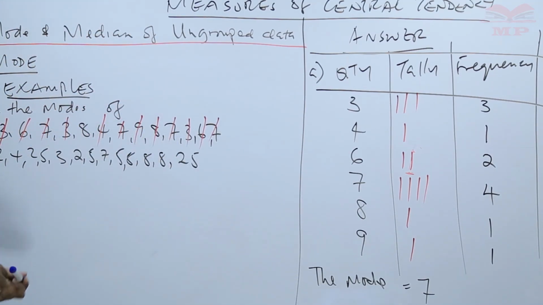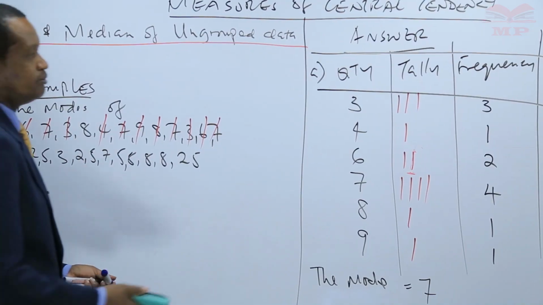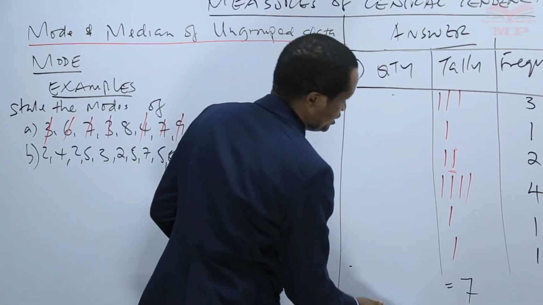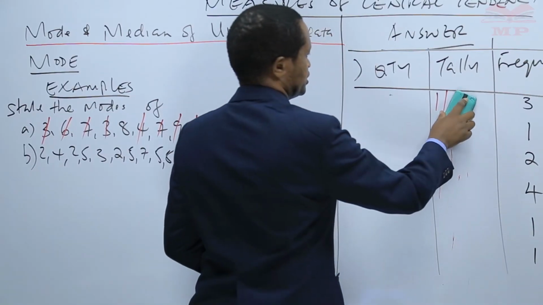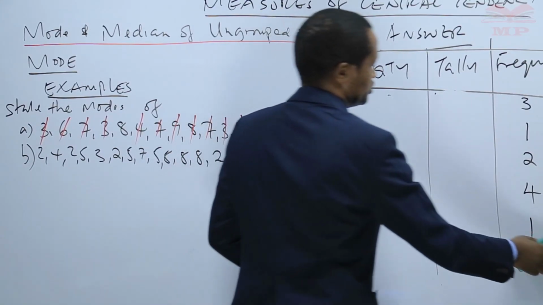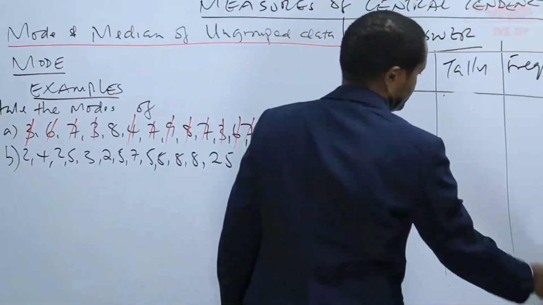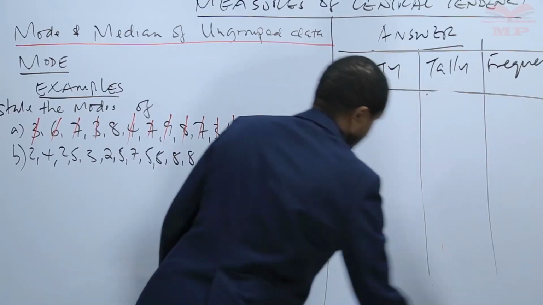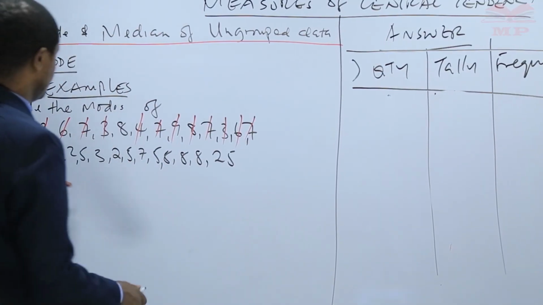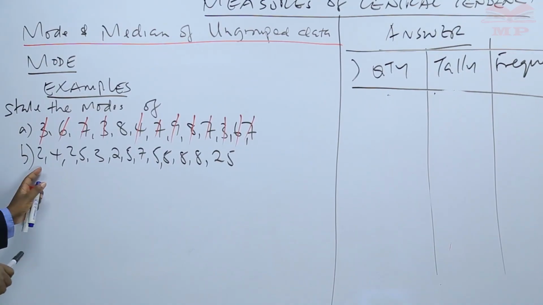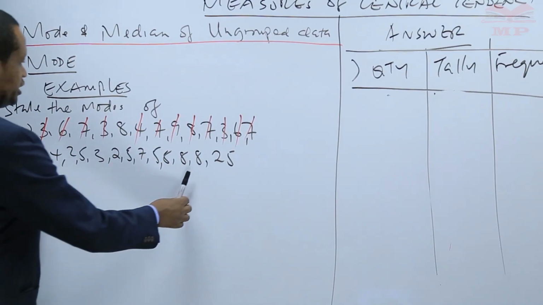That is part A. Then part B, let's try part B. We'll use the same frequency distribution table. So we come here and check these values. The values are ranging from 2 to 8.